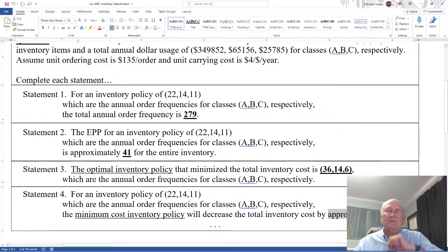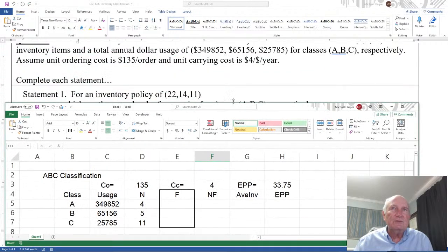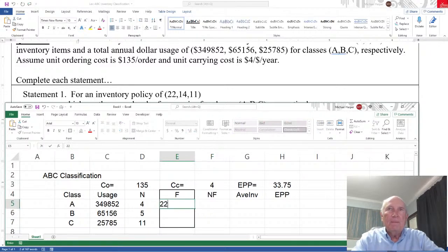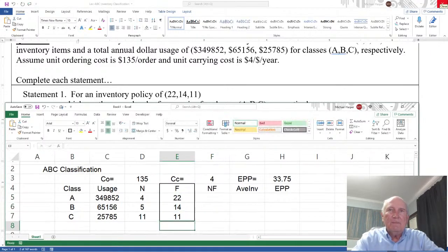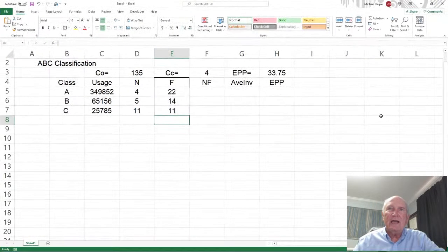So we're looking at the difference between this inventory policy and the optimal inventory policy. Okay, so let's first do the 22, 14, 11 right here. So there's our first policy. So let's go ahead and do an analysis with this.